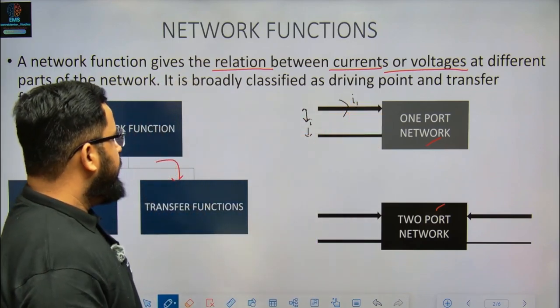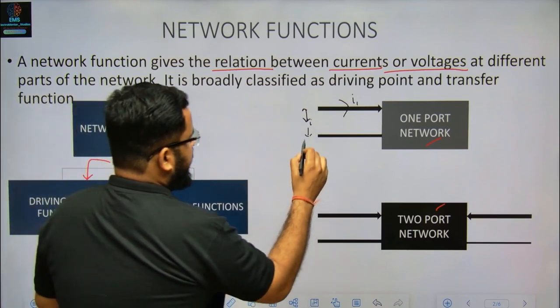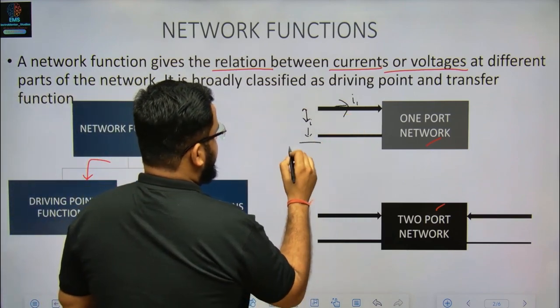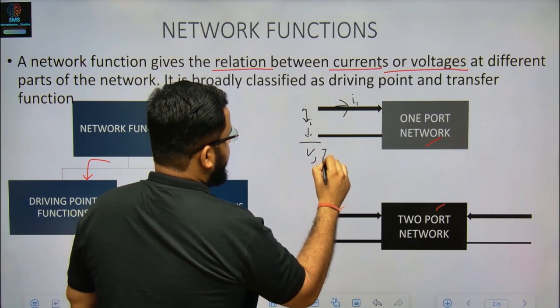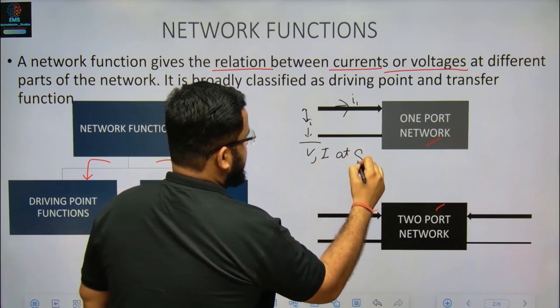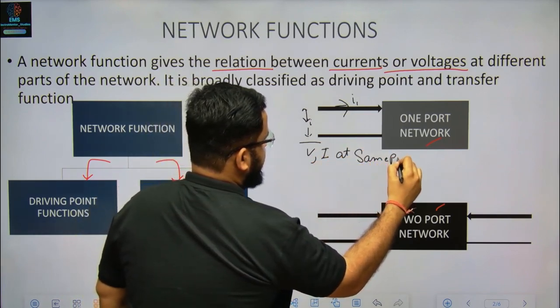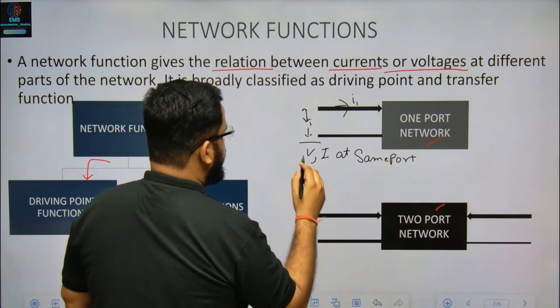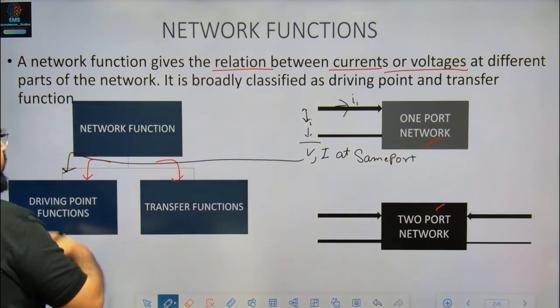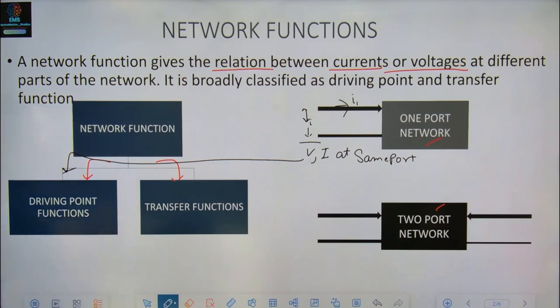Now, when we are concerned with the voltage and current parameters at the same port, we generally refer to them as driving point functions.